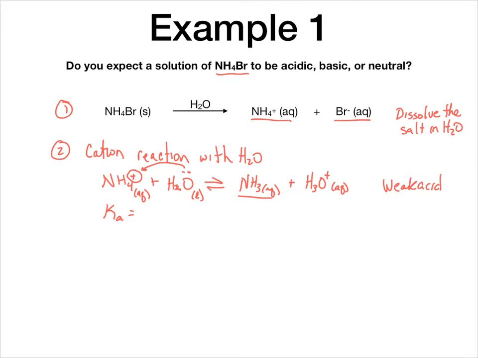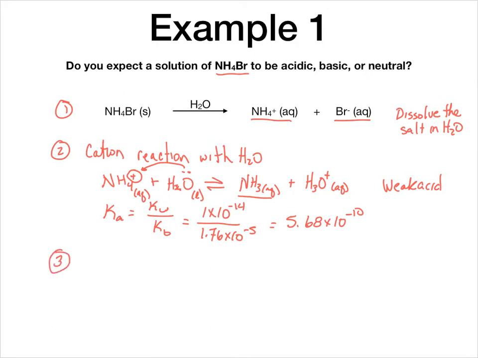Ka in this case is equal to Kw over Kb, where Kw is 1 times 10 to the minus 14 and the Kb for ammonia is 1.76 times 10 to the minus 5. So my Ka for this reaction of NH4 plus with water is 5.68 times 10 to the minus 10.